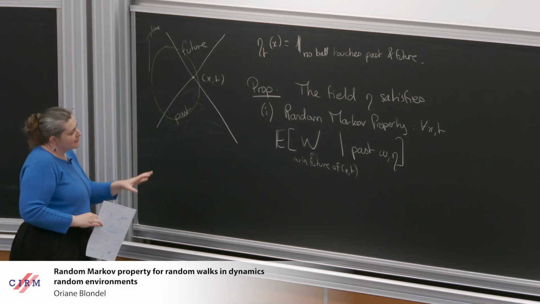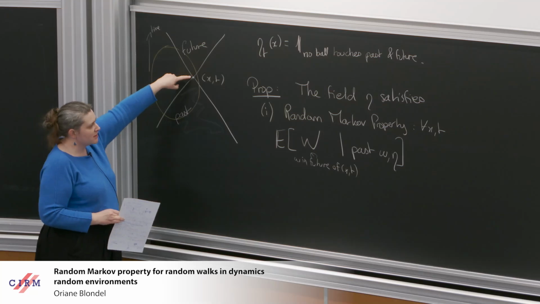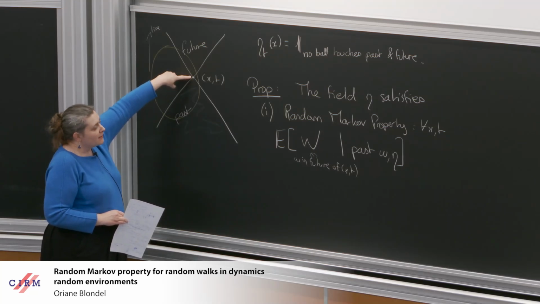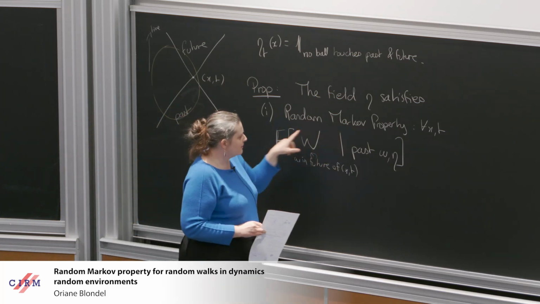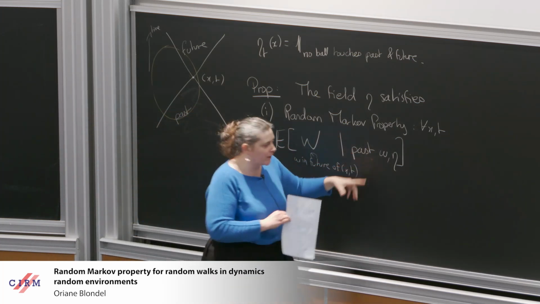And my claim is that if xt is such that eta at xt is 1, then that is equal to the same thing conditioned just on eta at xt equal 1.